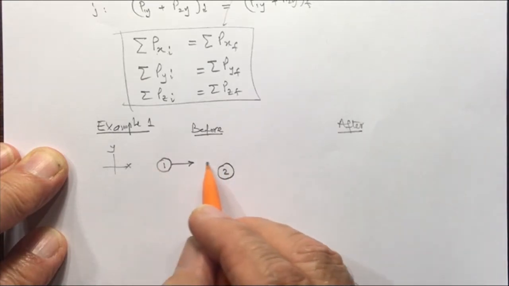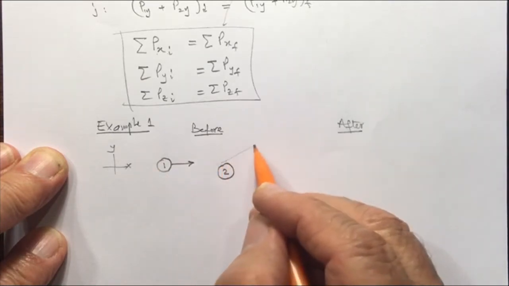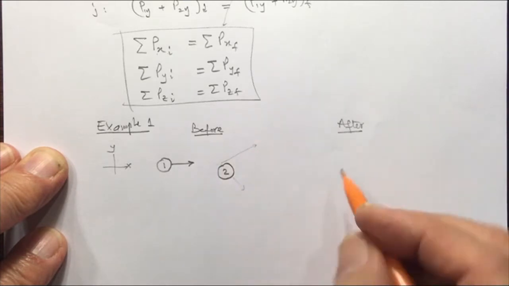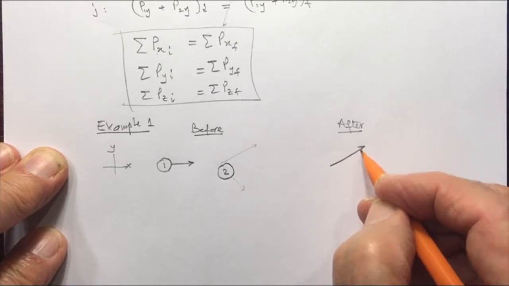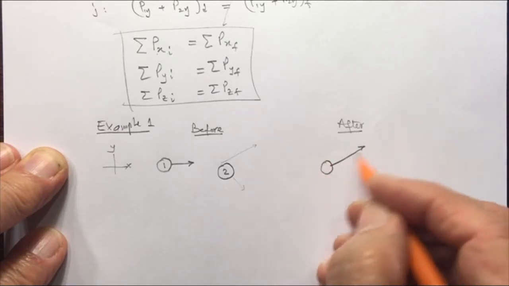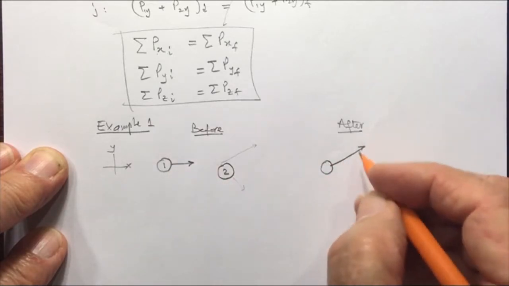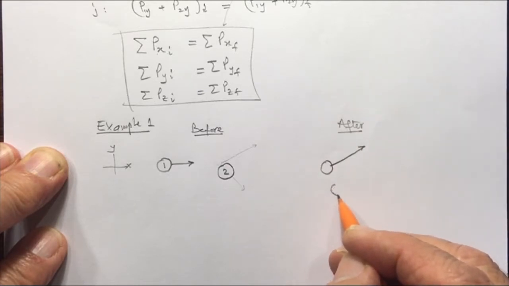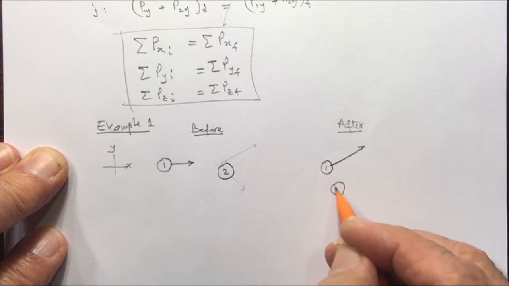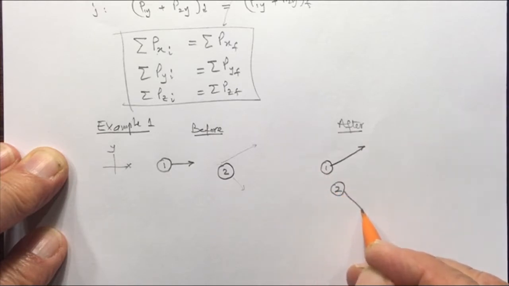So this will hit it on the edge and bounce off that way, and this will bounce this way. So after the collision, let's assume that particle 1, well, the arrow is too long, should be smaller than that, is moving this way, and particle 2 is moving this way.